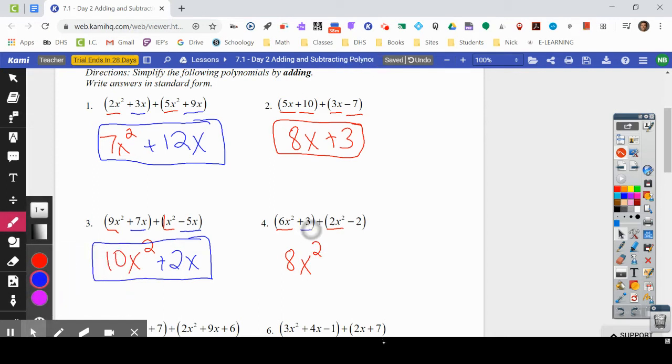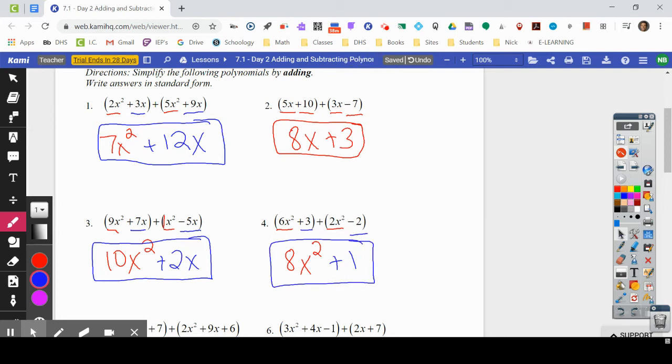And we have a positive 3 with a minus 2. Those are constant terms, or just numbers, so I can combine those as well. 3 plus a negative 2 will give me a positive 1. Is that what you got? I'm sure you did.